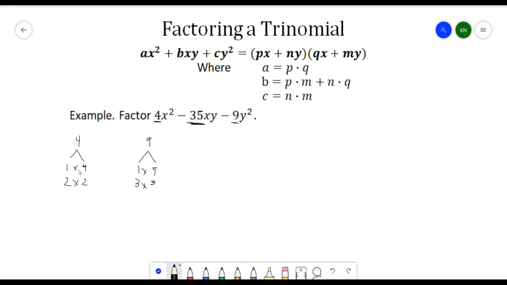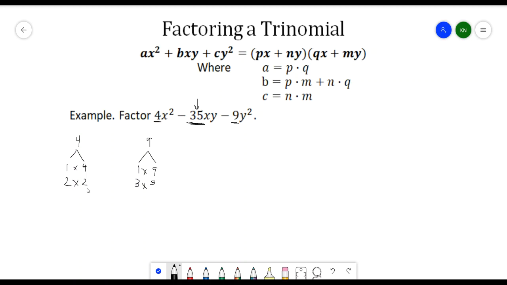Again, you need to find the suitable factor such that if you add the products of their factors, it should result in negative 35.